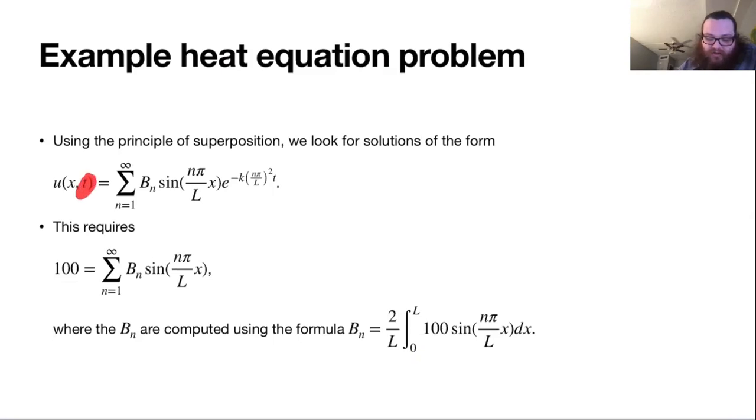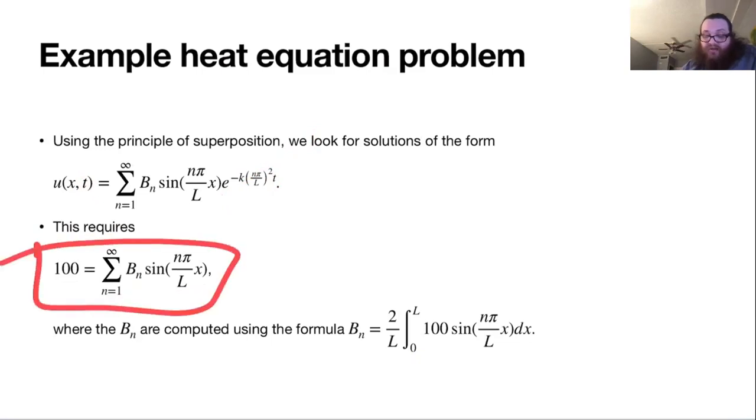Stated another way, plug in t equals 0, and this thing is 1. So what we end up with is u of x comma 0, which is equal to 100, has to equal this thing. But we saw a second ago exactly how to compute these coefficients b sub n so that this decomposition works.